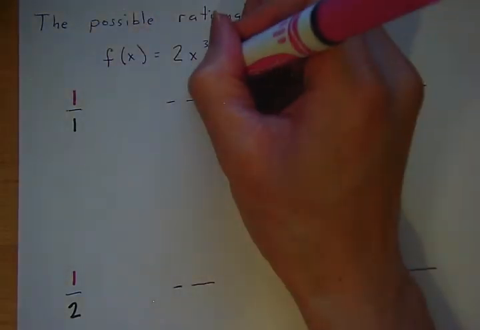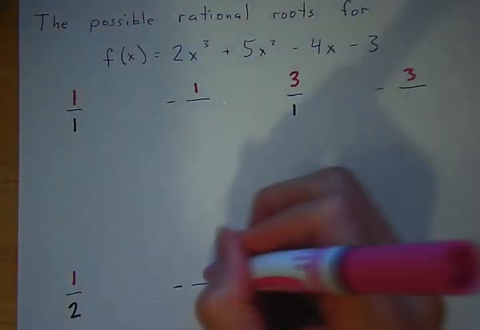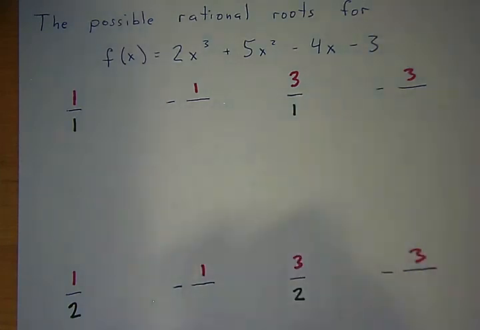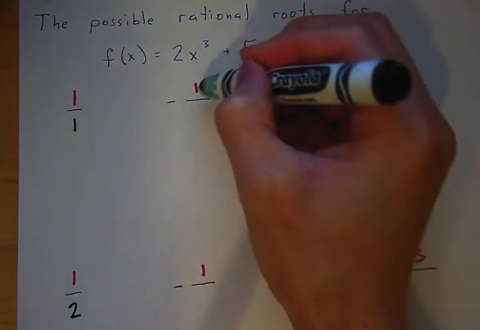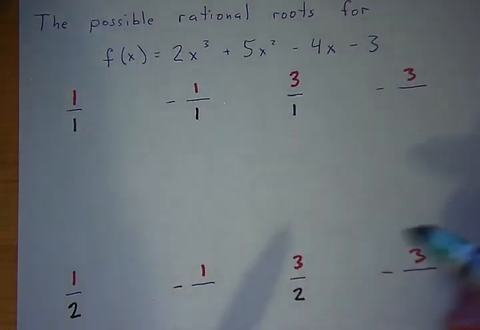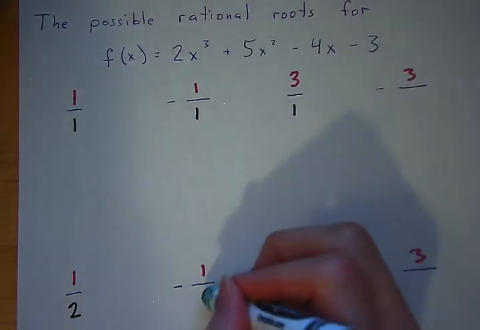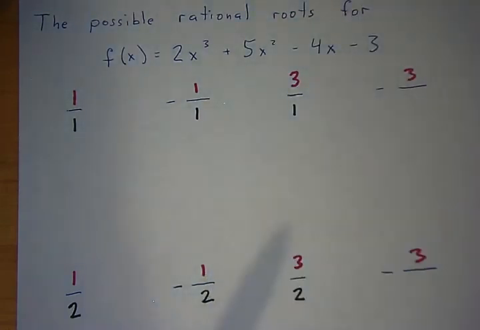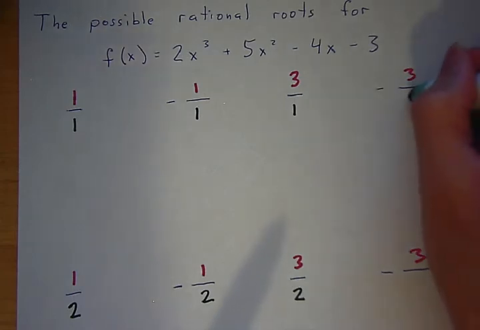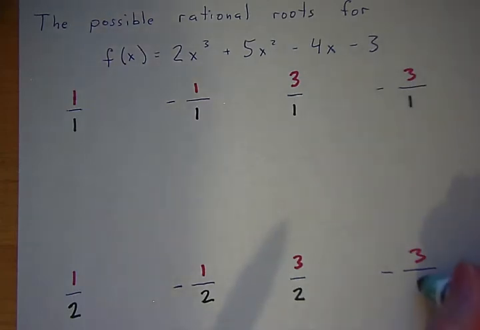So we had negative 1 divided by positive 1, negative 1 divided by positive 2, negative 3 divided by positive 1, negative 3 divided by positive 2.